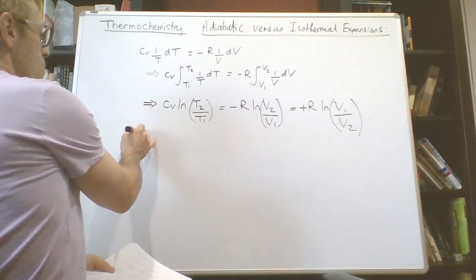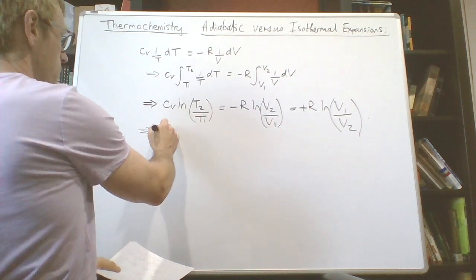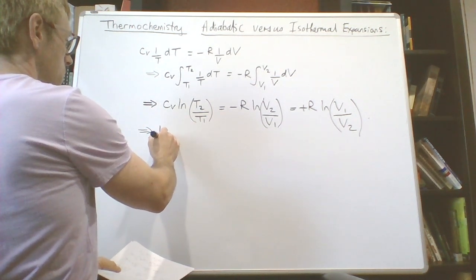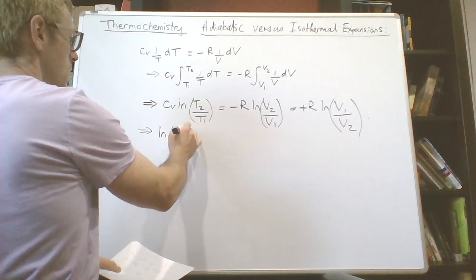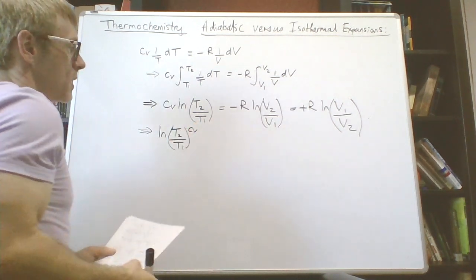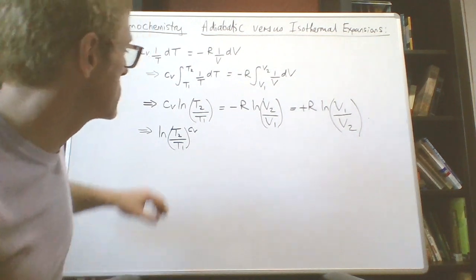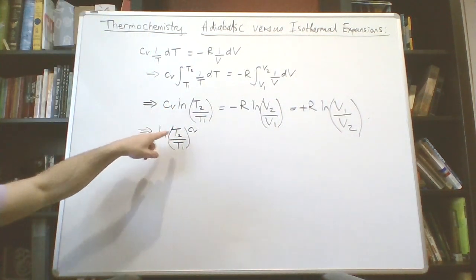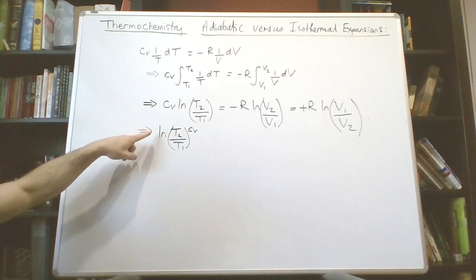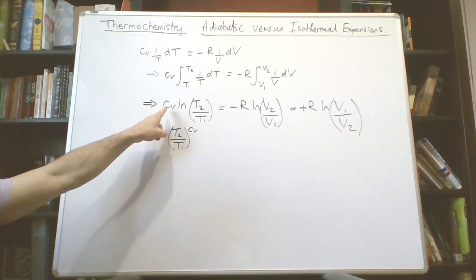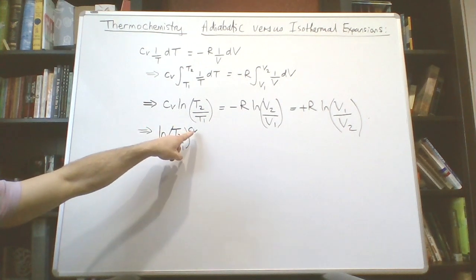So let's rephrase what we have. So we have log T2 over T1 raised to the Cv. Remember from your log courses, you can write a log expression where the exponent is either an exponent or a coefficient. So if I have a coefficient Cv, I can rewrite it as an exponent.